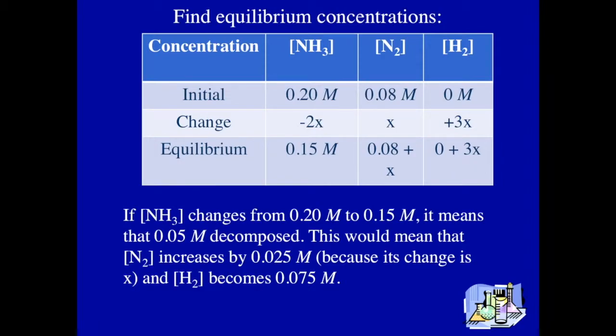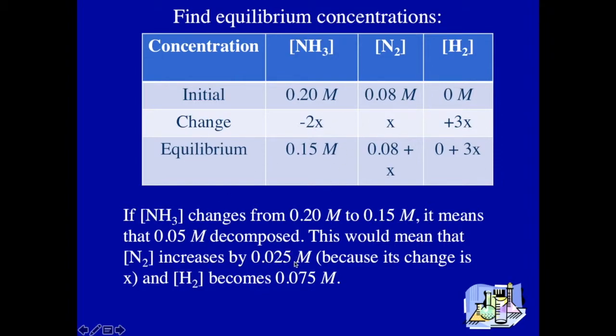So what the overall situation is, concentration of ammonia changes from 0.2 molar to 0.15 molar, which means for every liter of ammonia gas, 0.05 moles per liter decomposed, which would mean that my nitrogen concentration would increase by half of that value because it's a 2-to-1 ratio.